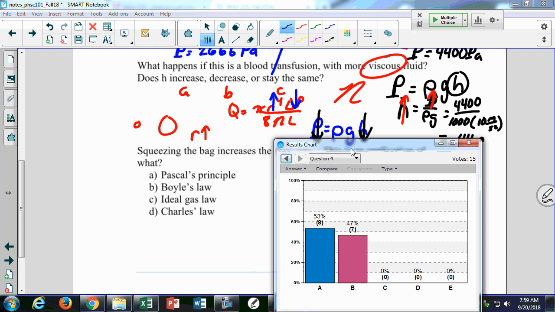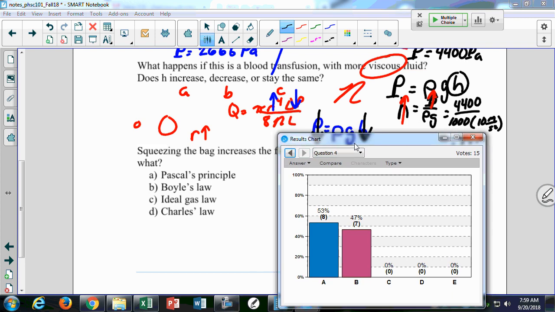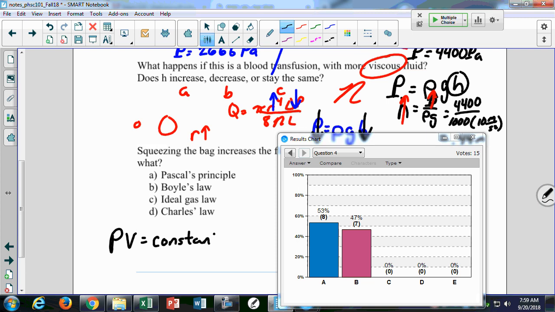All right, I can see how you might think it was Boyle's law, because Boyle's law says that PV is equal to a constant value. That's why you thought it was Boyle's law. It's not Boyle's law, however, because this applies to what type of fluids? Gases.